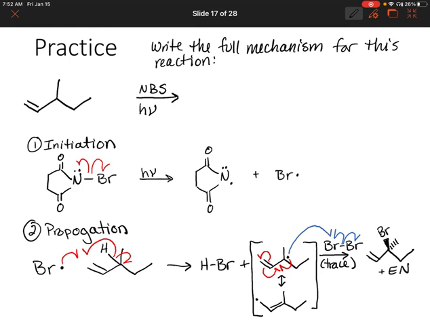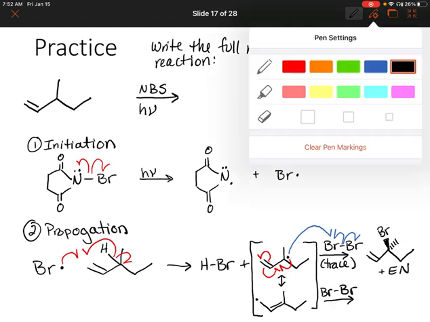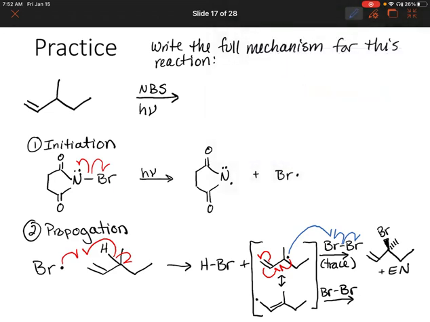Now let's show what would happen if we did the same thing to our bottom resonance structure. Where would the bromine add on our bottom resonance structure there? On the very end, right? Because that's where the lone electron is.